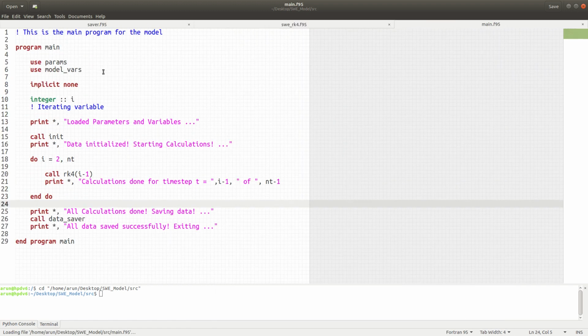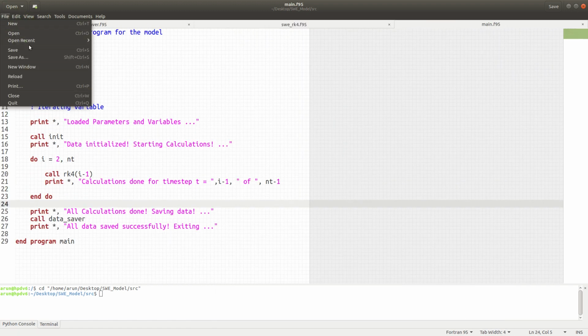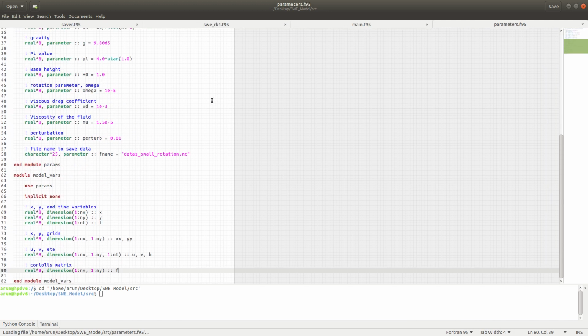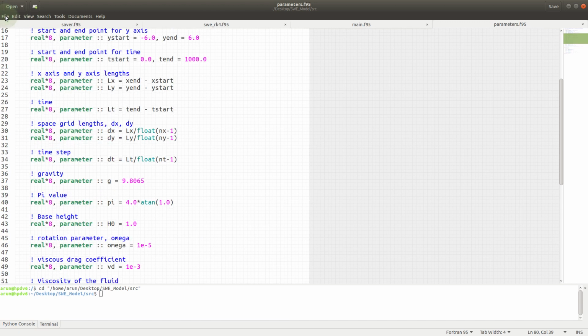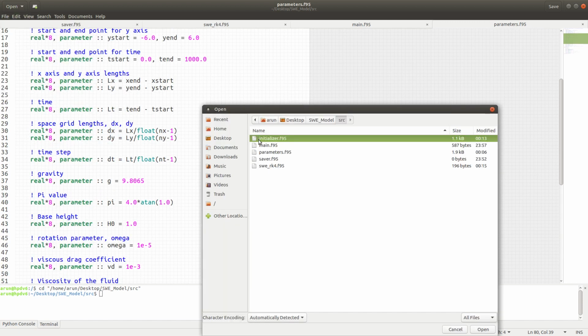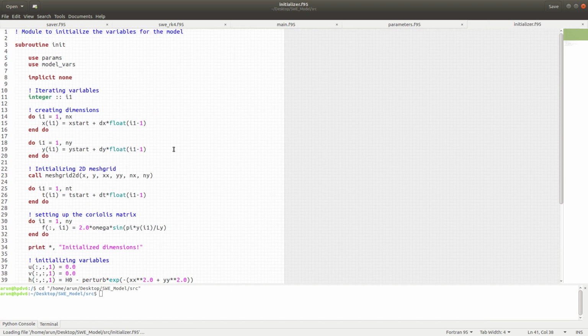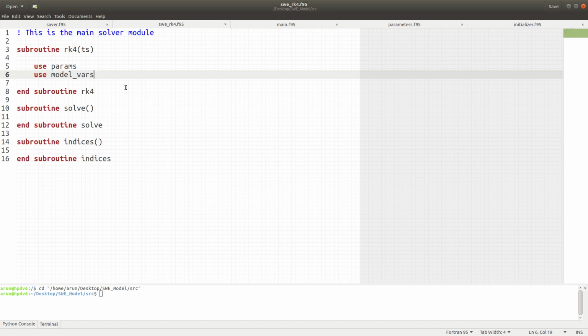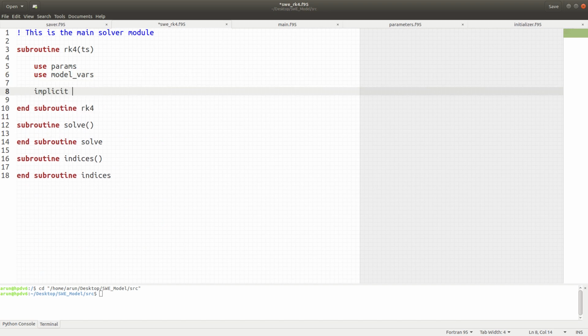Let's increase the size, and then I also need other ones, I guess. Parameter. Let's also keep the initializer module as well. I guess that way it'll help us with the auto completion. Okay, so where are we? Now let's put them up. Implicit none.